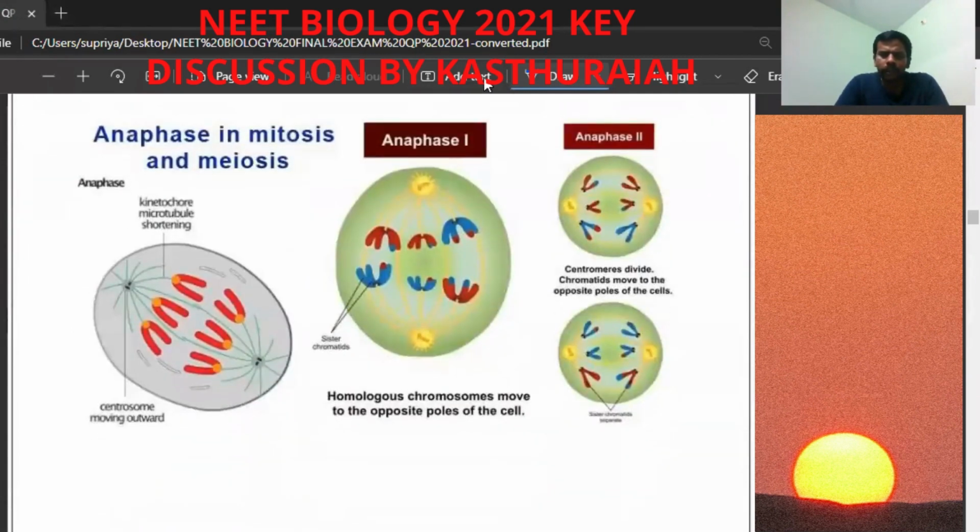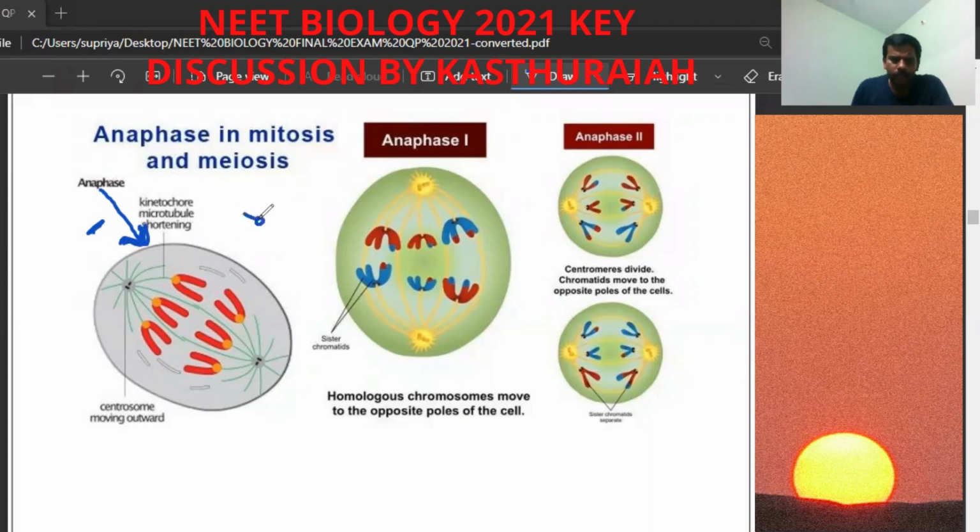Just compare, students, actually that is at the anaphase stage. We'll discuss all three different types of anaphases. In case of mitosis, at anaphase, what happens? Centromere divides.